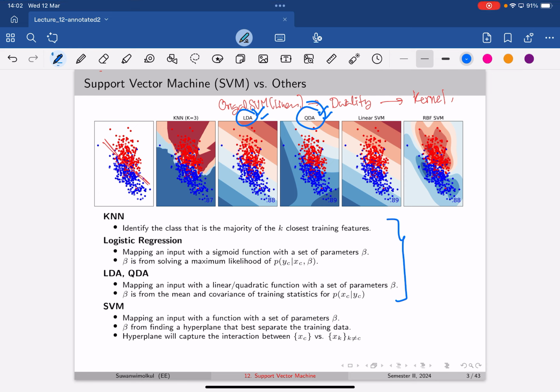And then LDA further assumed that the variance of x given y in each class is the same. Therefore, it can reduce the equation into a linear function. Because of that, when LDA makes the decision for classification, the decision boundary will also look like a linear line, just a line like that.